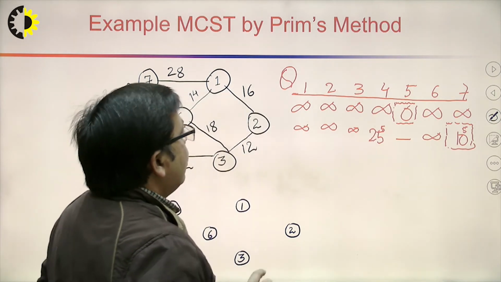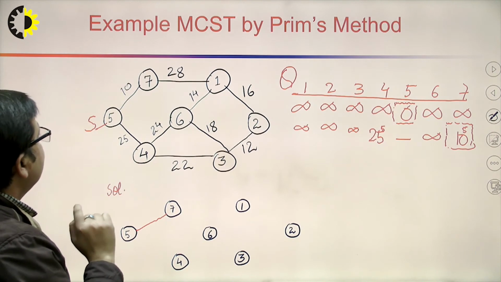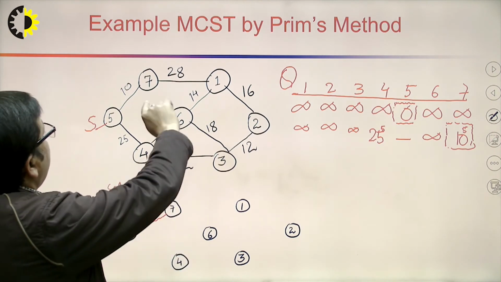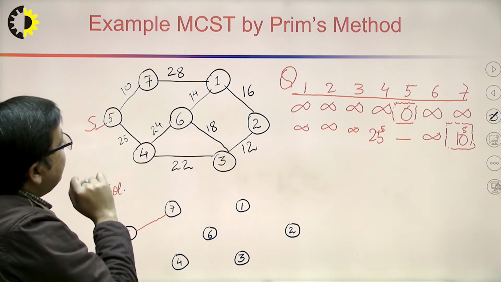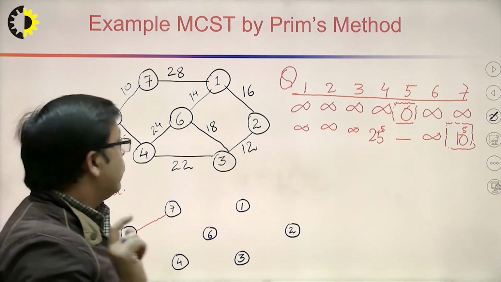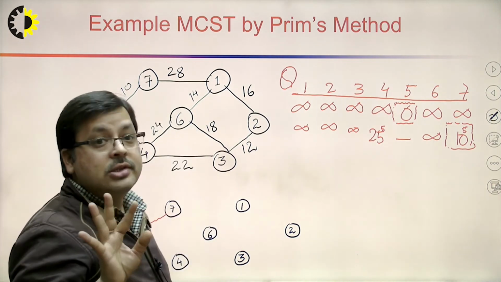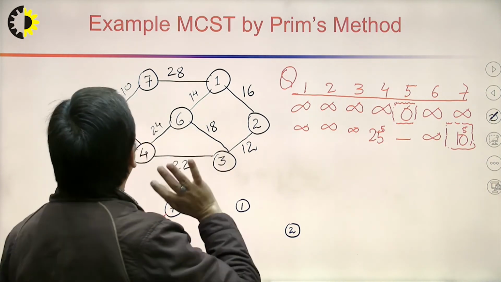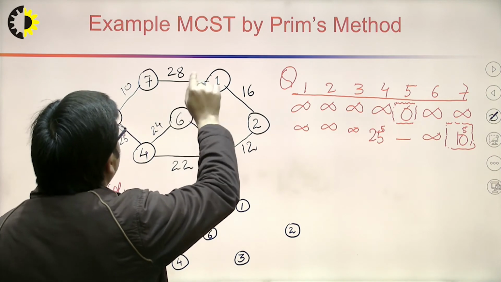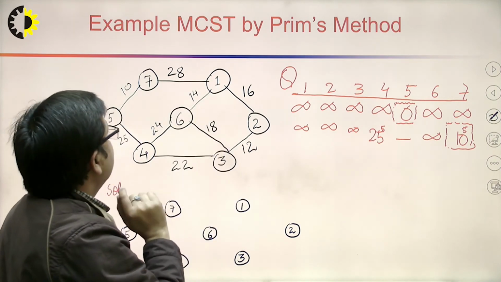Now, when node 7 comes out, look at the adjacent vertices of node 7 which are in the queue. One adjacent of 7 is 5, but 5 is not in the queue, as it has already been removed. So, only one adjacent, which is 1, is residing inside the queue.